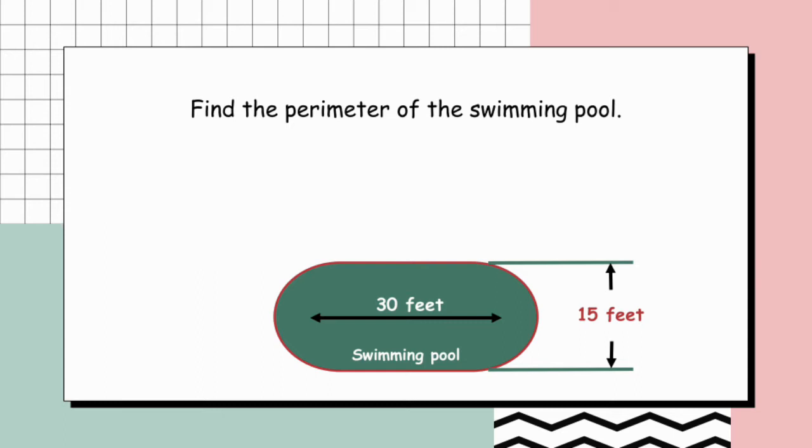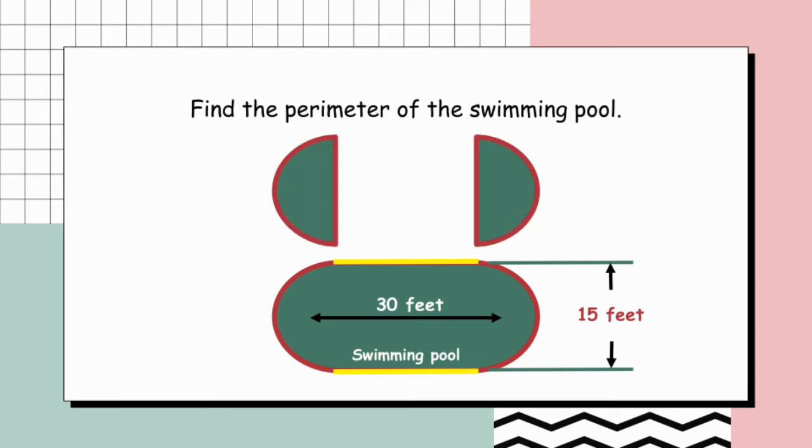Next, for example, find the perimeter of the swimming pool. The swimming pool is formed by two straight lines, top and bottom, of 30 feet each, and two half circles, left and right, with a diameter of 15 feet each. Notice that the two half circles make one whole circle.